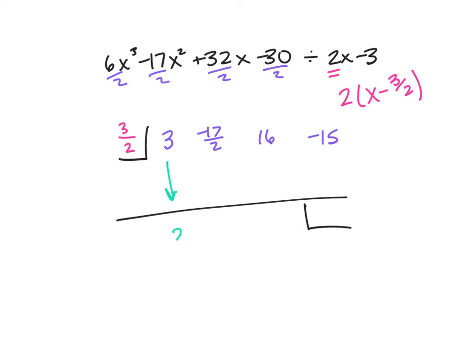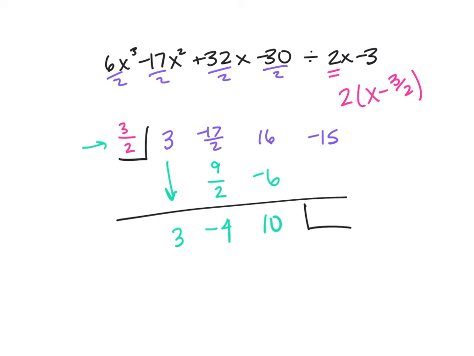We pull our 3 down, and we do 3 times our r value. 3 times 3 halves gives us 9 halves. Negative 17 plus 9 halves would be negative 8 halves, which reduces down to negative 4. 3 halves times negative 4 gives us 3 times 4, negative 12 halves, so negative 6. 16 plus negative 6 gives us 10.